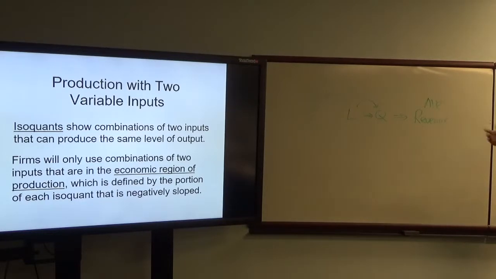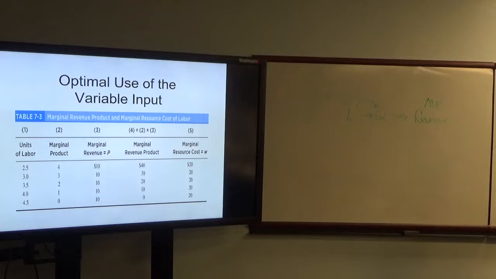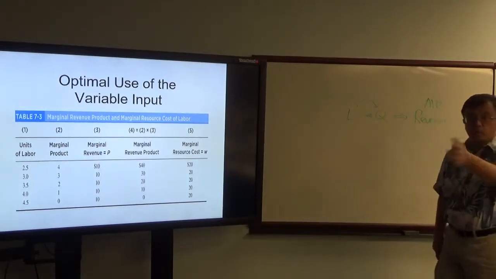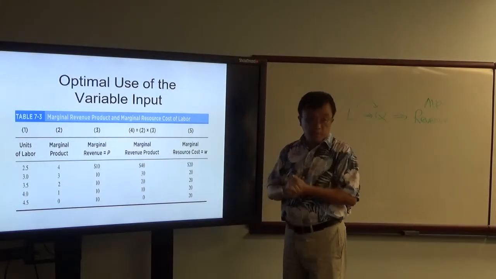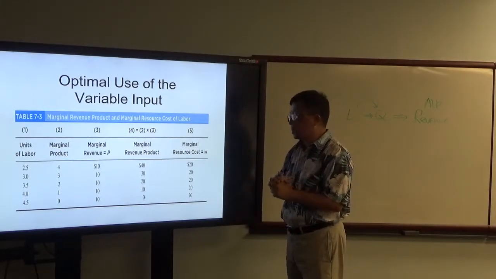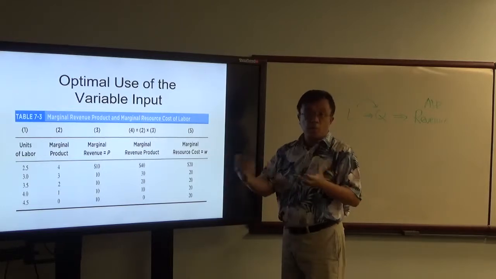Okay. But now let's take a look at what if we have two variables? In our previous example, we're trying to look at only one variable. How much labor? What's the optimum number of workers you have to use? Then we have to answer the questions.